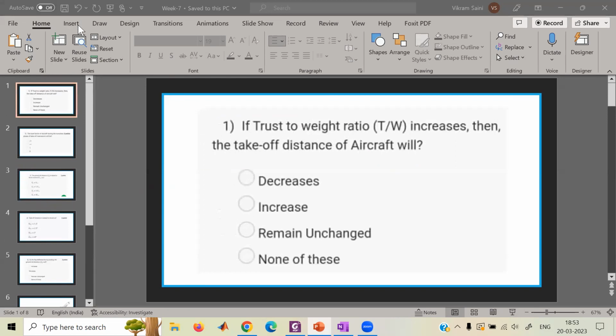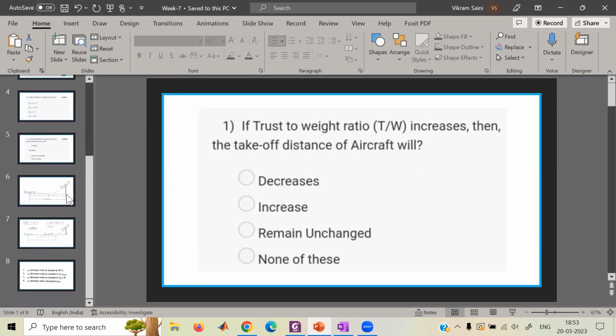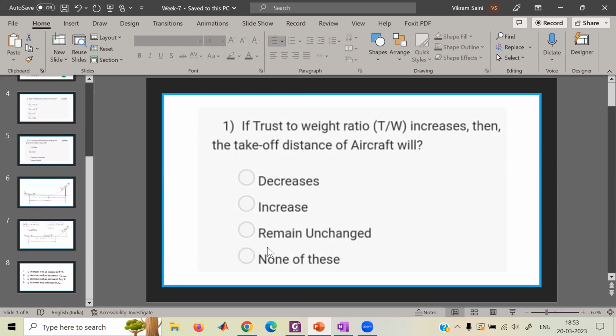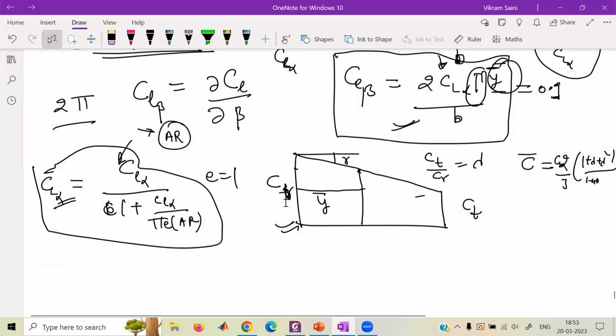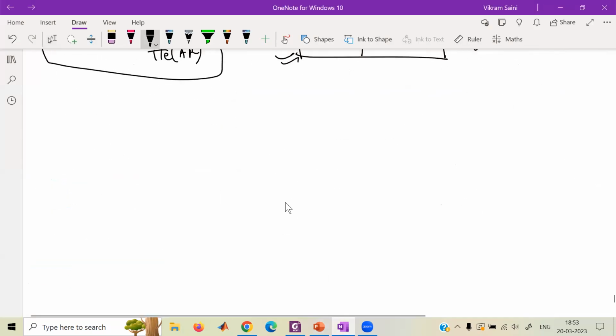Sir, before leaving, I wanted you to please show me again how Cm0 should be positive and Cm alpha should be negative mathematically. I know why their signs are like this, but I don't understand why.